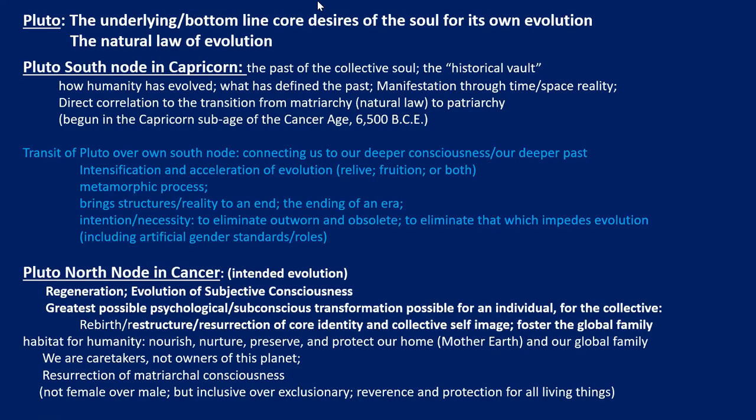Again, as I said, it's beyond the scope of this particular lecture, but the Pluto South Node in Capricorn began in the Capricorn sub-age of the Cancer age, about 6500 BCE. This is representational of the evolutionary shift from matriarchal consciousness, that of living in harmony with nature, to the development of laws and standards by which we could live in an organized whole. So as the patriarchy came over, it established a consensus.